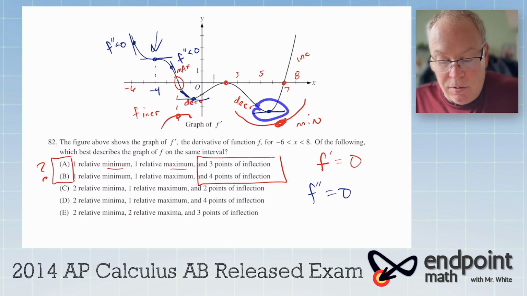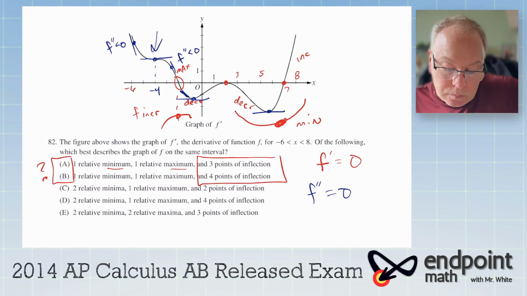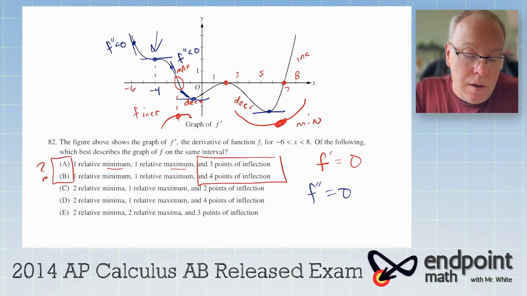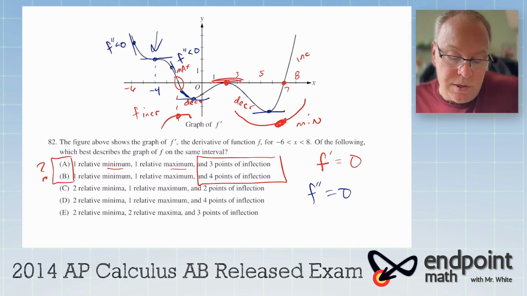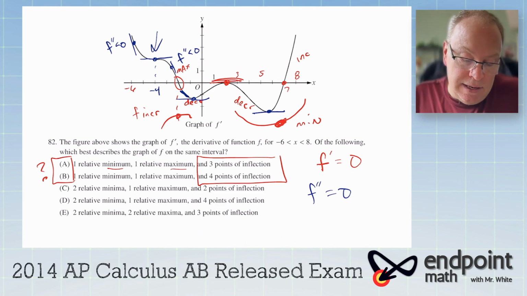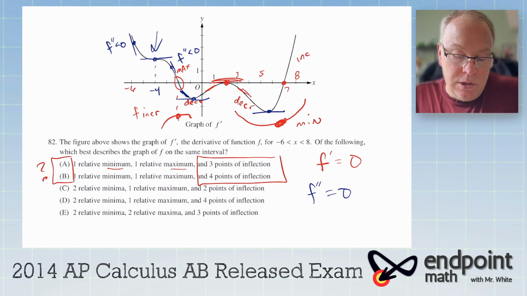And same thing here. We're negative and then we're positive again. I forgot to label one right here. We have another horizontal tangent right there, right? And indeed, it does change from positive to negative. So we have an inflection point here.